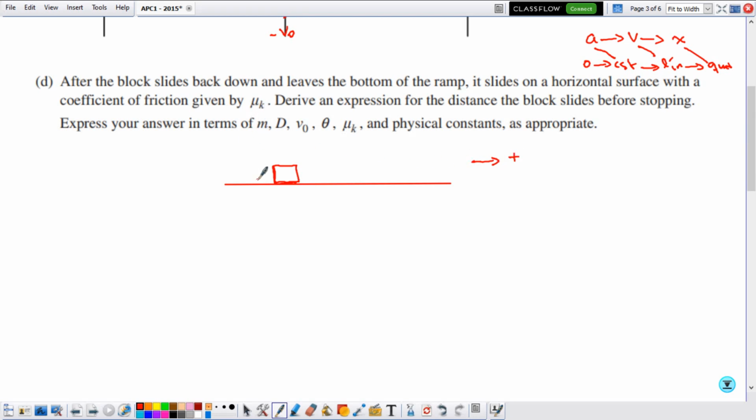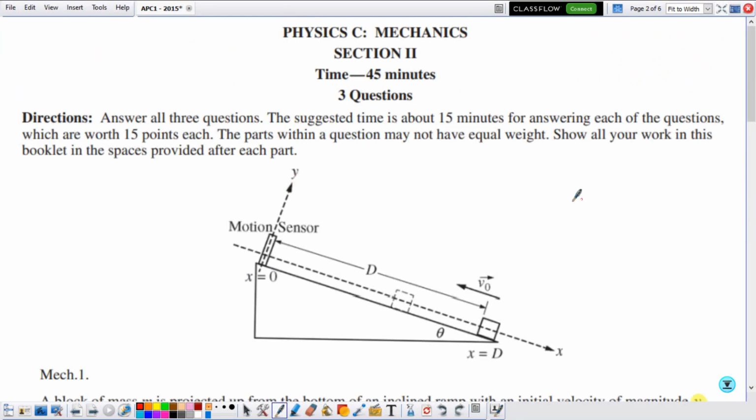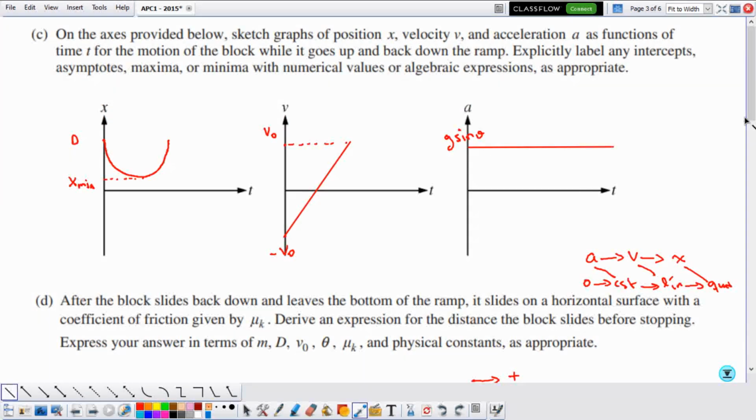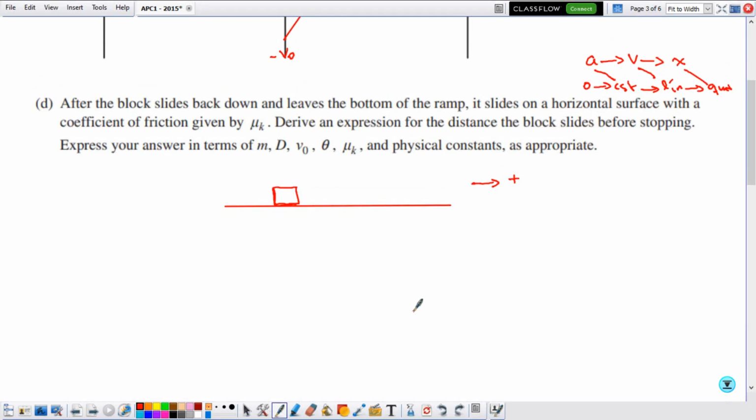In this case we have friction between the level surface and the block, so the level surface would be represented here if you want. Now derive an expression for the distance the block slides before stopping. Express your answer in terms of m, d, v0, theta, mu k, and physical constants as appropriate.